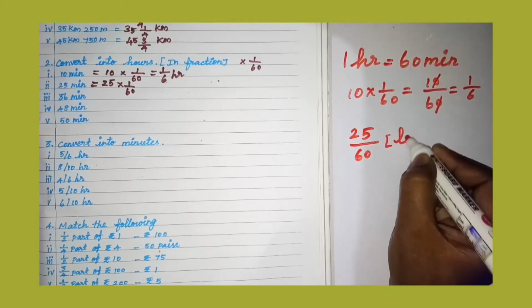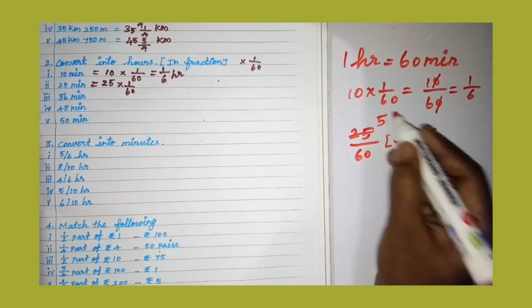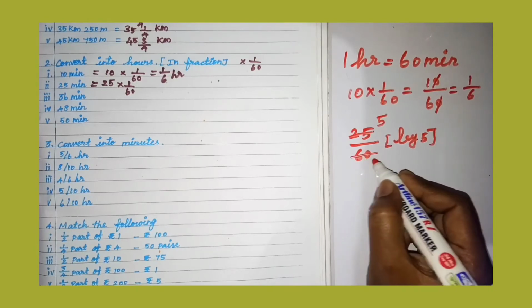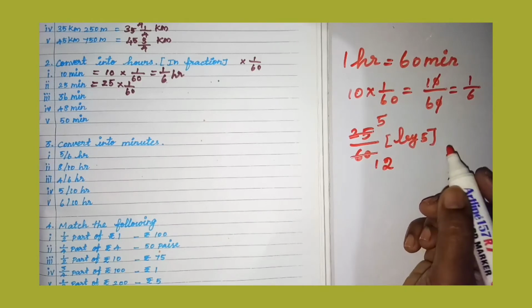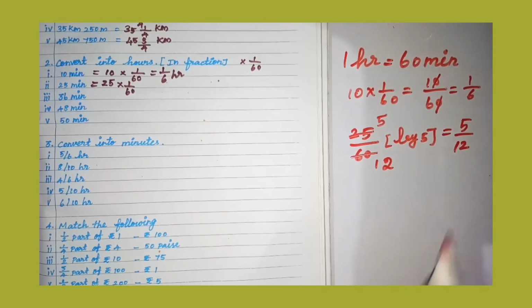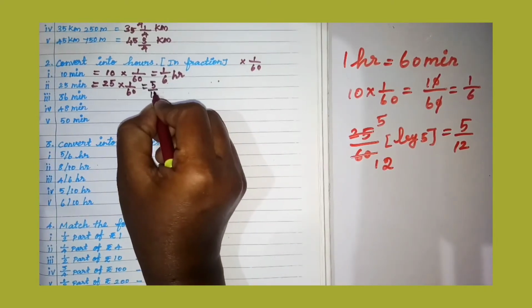Take 5 table. 5 5s are 25, 12 5s are 60. So the answer is 5 by 12. So second sum answer 5 by 12 hour.